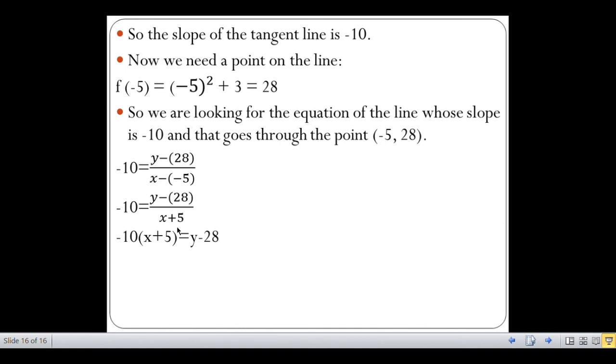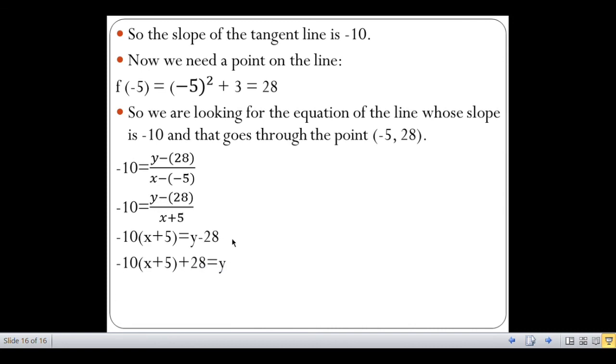After that, we cross multiply, class. Our next step is cross multiplication. So negative 10 times x plus 5 equals y minus 28. Where does this come from? The denominator of 10 is 1, right? So we just copy y minus 28.